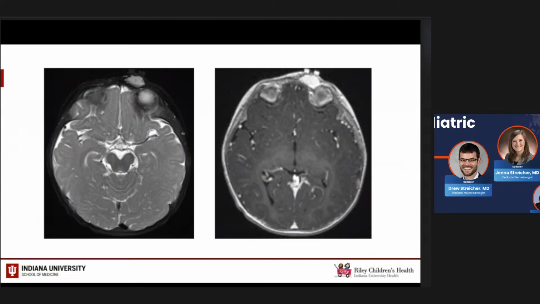Okay, so let's look at a couple of imaging examples of this. Before I even talk about that, I do want to reiterate what Jenna was saying: it's really important for us to use the correct terminology when we're thinking about vascular anomalies, because especially in kids, if there's anything somewhat complex, they're going to go to the vascular anomalies clinic, which is a multidisciplinary clinic with dermatology and IR and neurology and ENT, plastic surgery, all kinds of specialties that can help care for these patients that have complex lesions or are difficult to manage.